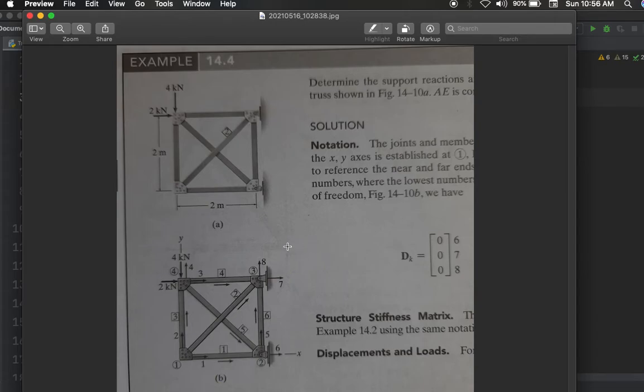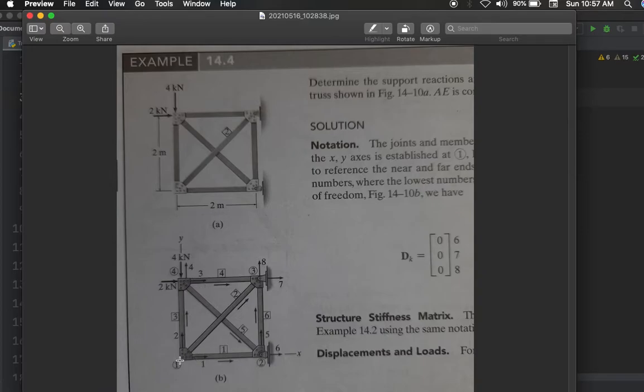You have to take care that while numbering these degrees of freedom, you first number the unrestrained degrees of freedom, I mean the free ones.